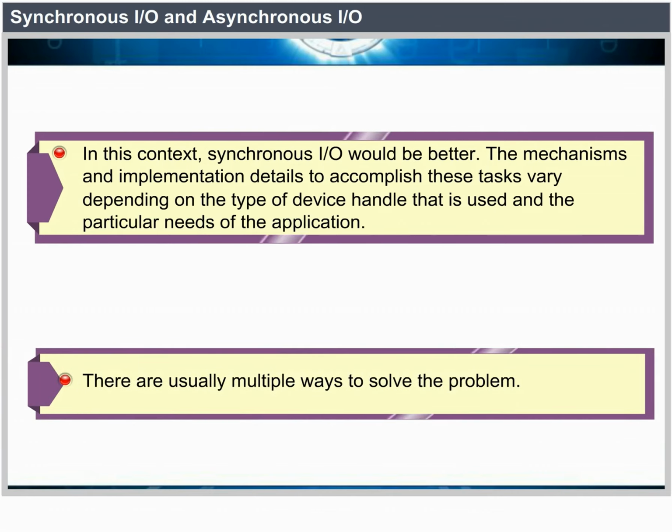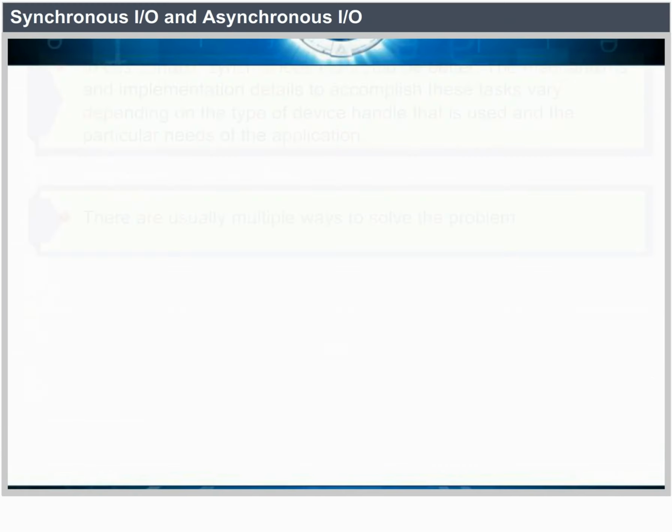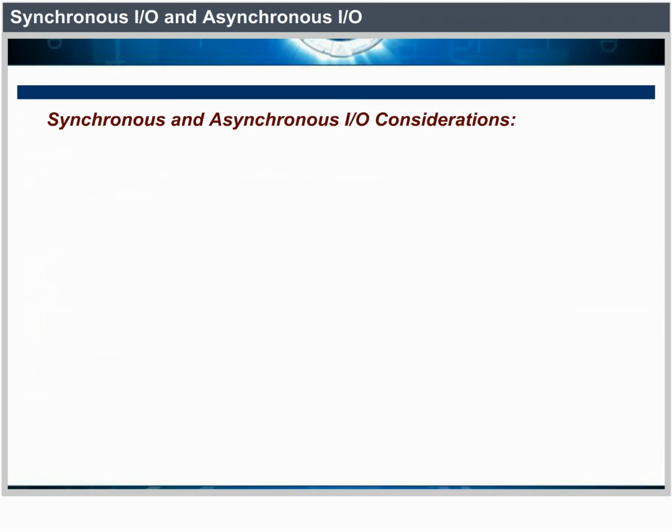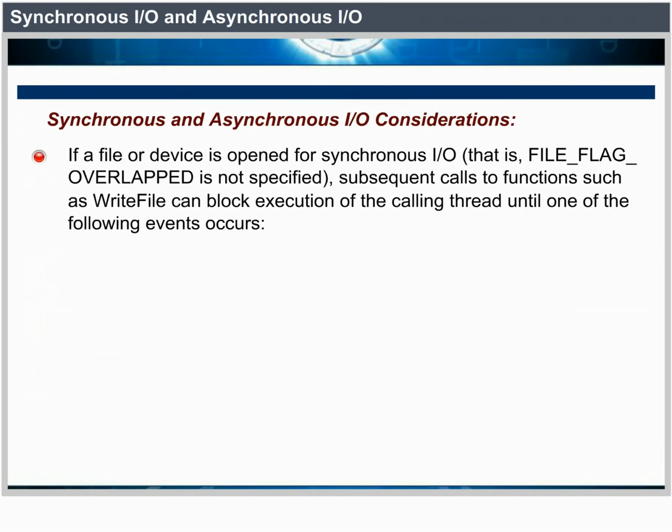If a file or device is opened for synchronous input-output, that is, file_flag_overlapped is not specified, subsequent calls to functions such as writeFile can block execution of the calling thread until one of the following events occurs. The input-output operation completes, in this example, a data write.